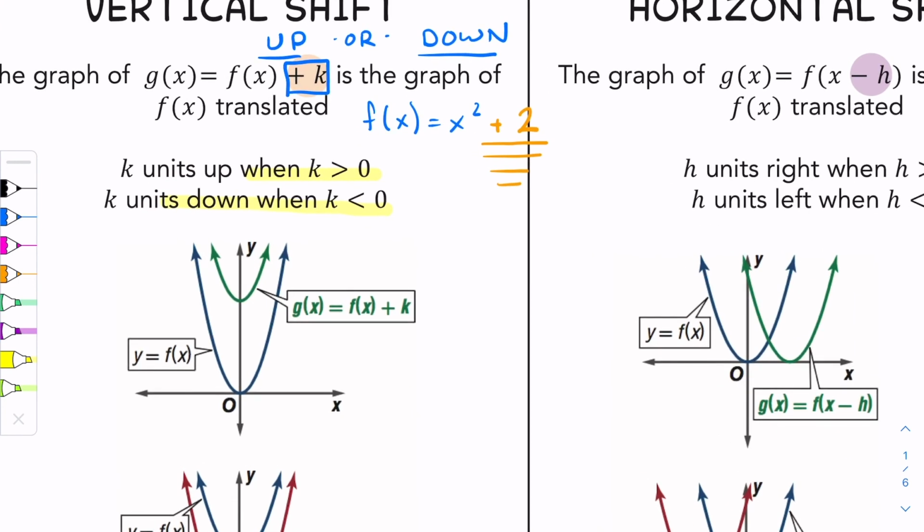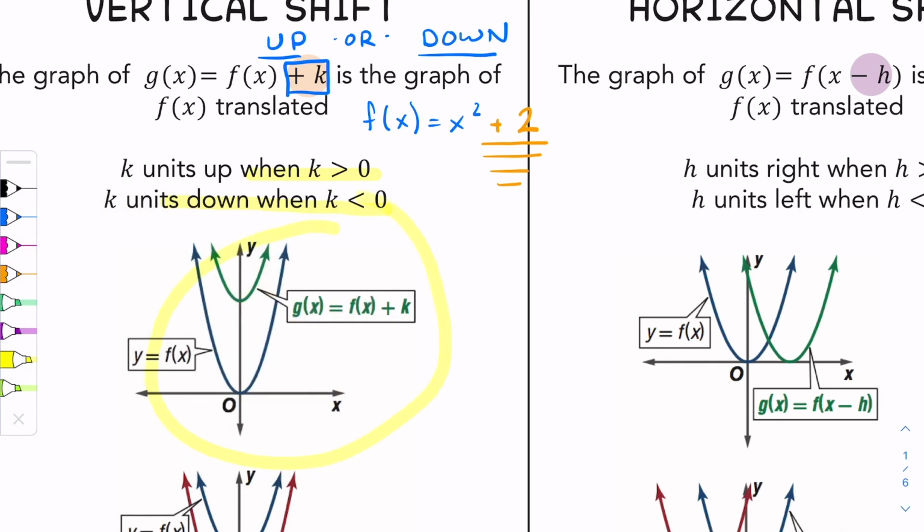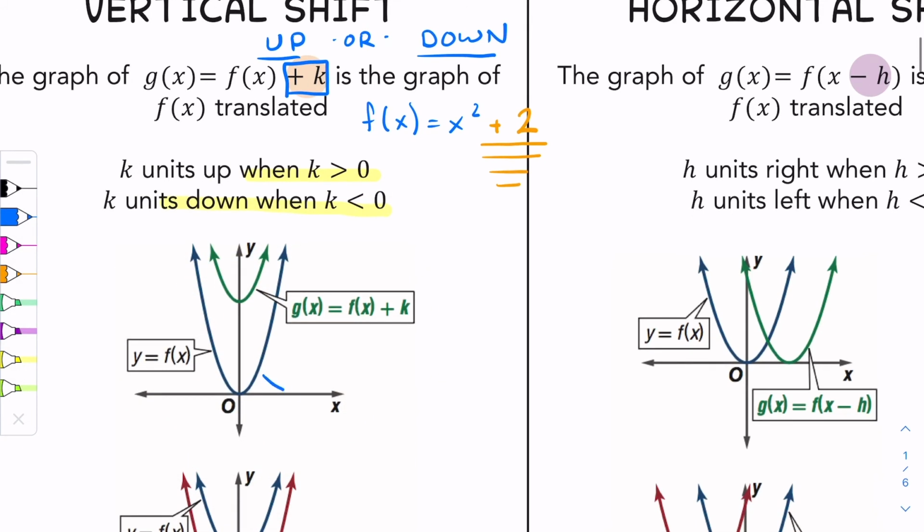If I gave you a couple of examples for this graph that you already see, I could tell you that the parent function, this blue line, is f of x equals x squared. And then I could tell you that this green line is g of x is equal to x squared, there's your parent function, plus 4.